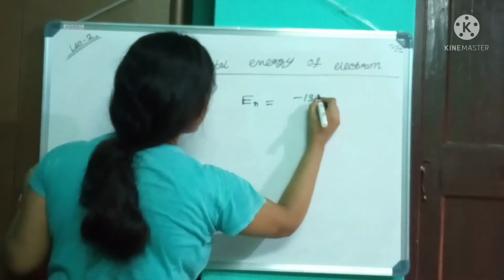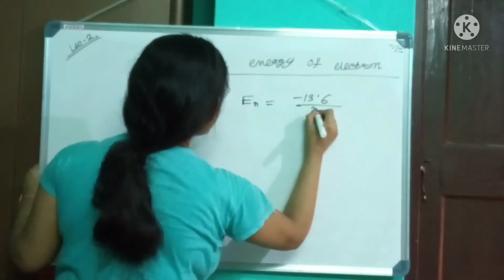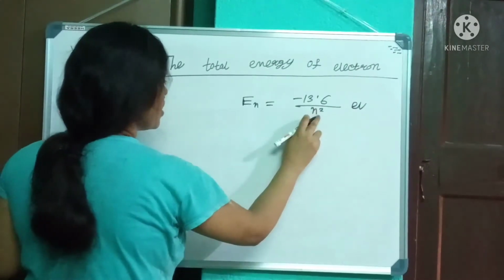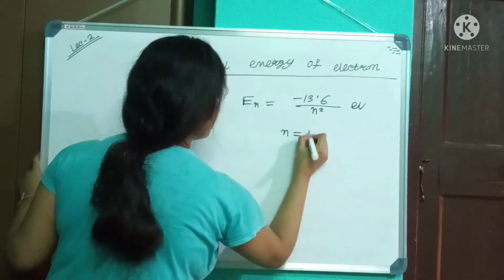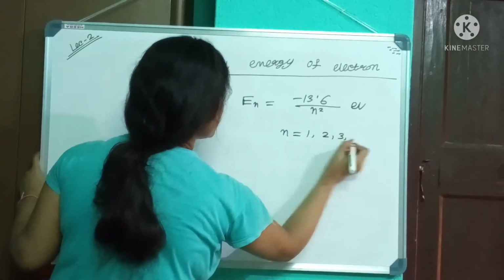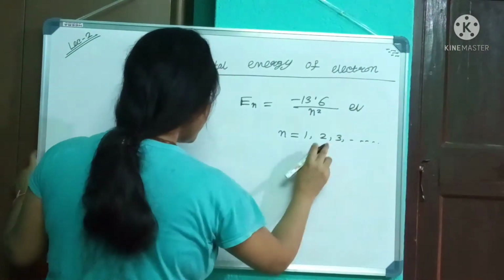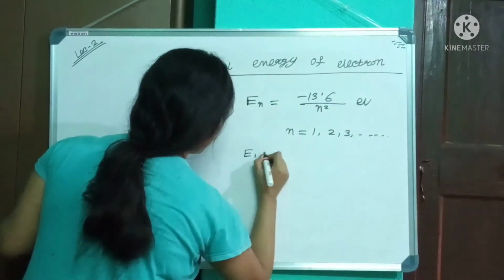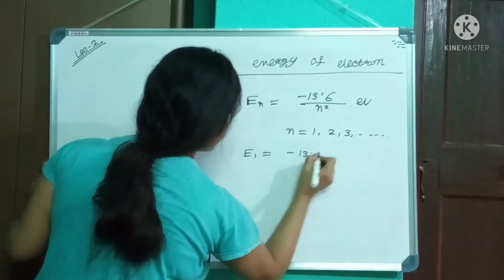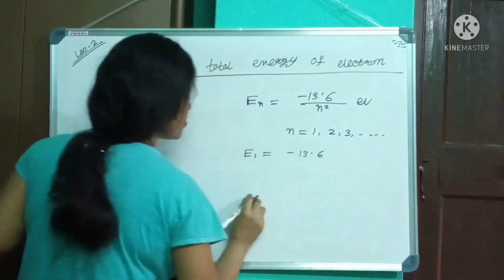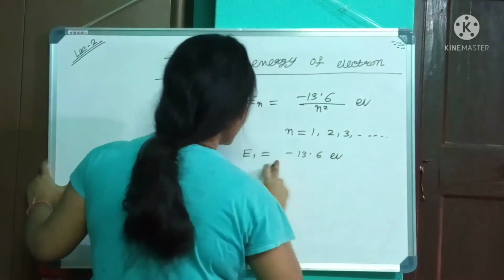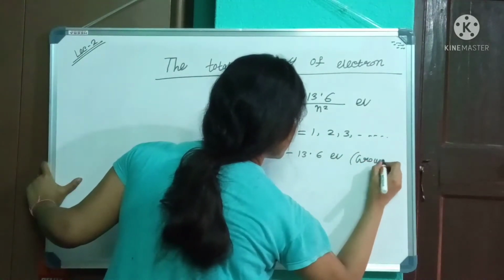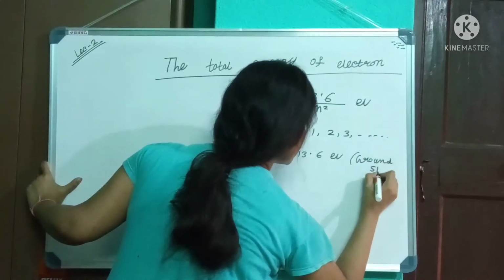Now En equals minus 13.6 by n square eV. If we put the values of those constants, we'll get En equals minus 13.6 by n square, where n can take values like 1, 2, 3 and so on. For n equals 1, E1 equals minus 13.6 eV, which we call the ground state energy.